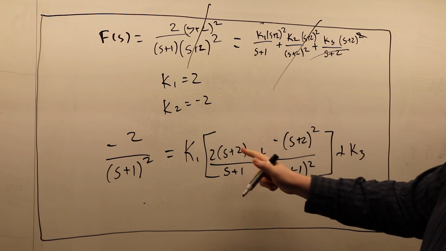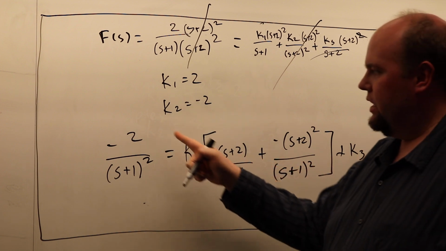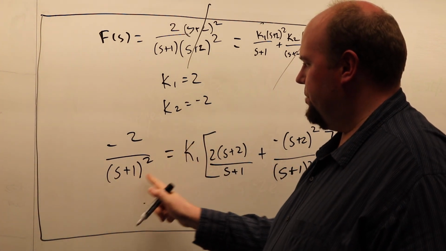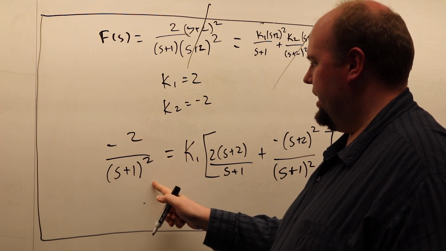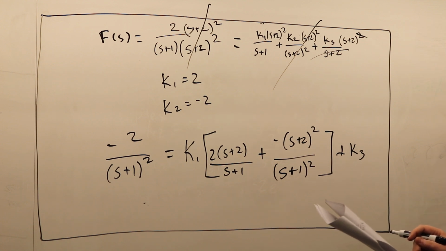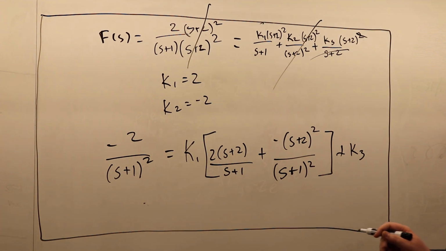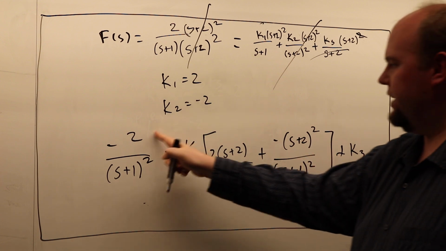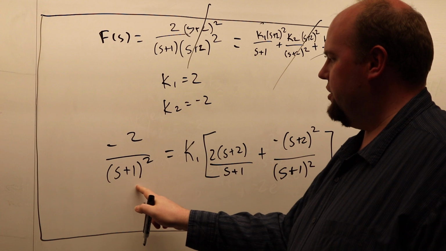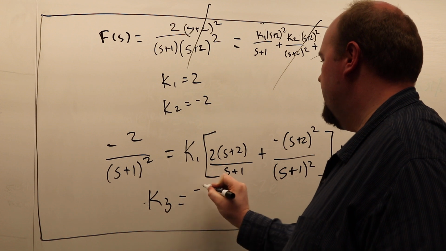So if we choose s is equal to negative 2, s equal to negative 2 should wipe this out, and we will have negative 2 divided by negative 2 plus 1 squared. Oops, that's not right. So we chose negative 2, so this term becomes a negative 1 squared, which is a 1, so we have negative 2 over 1. We have K3 equals negative 2.